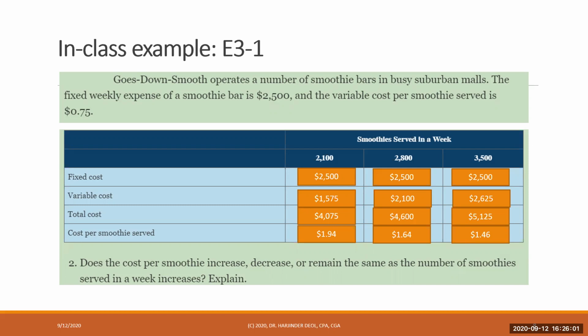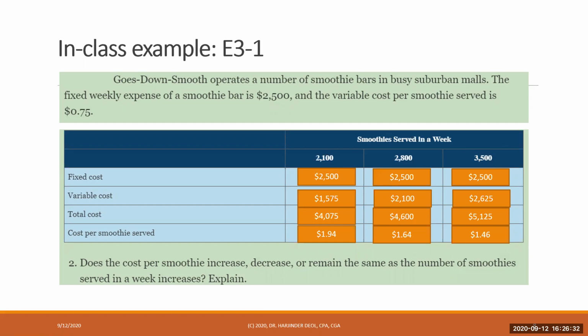Now, if you ask yourself, why is this happening? The variable cost per smoothie served isn't changing. It stays at 75 cents. What's happening is that the fixed cost of $2,500 is getting spread over a larger number of smoothies served. So as the number of smoothies served goes up, the average fixed cost per smoothie served falls.